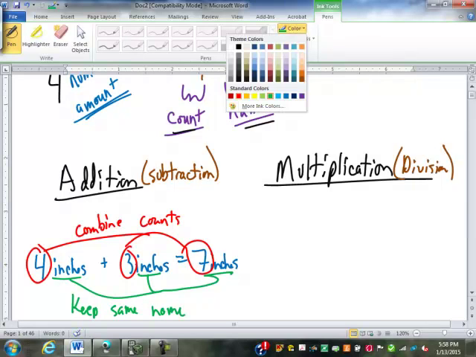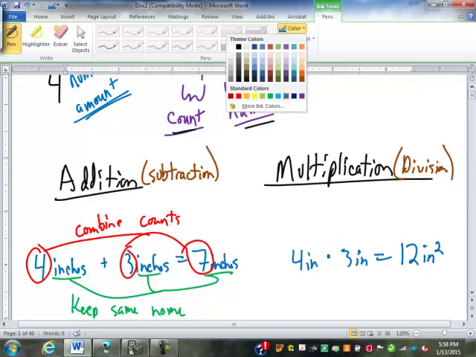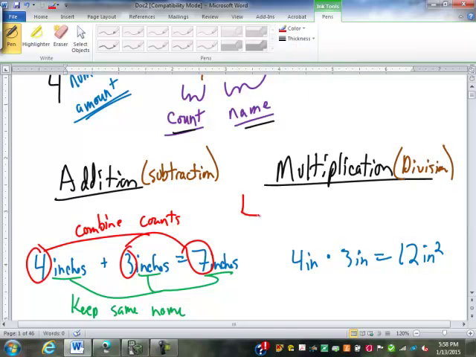When we multiply, there's going to be some differences. Let's say we have 4 inches times 3 inches. 4 times 3 is 12, but it's not inches, it's square inches. When we think about multiplying 4 inches times 3 inches, usually you're thinking of a rectangle and finding its area. It's going to come out to be square inches. So if we look again at the counts, we had 4 and 3 became 12.